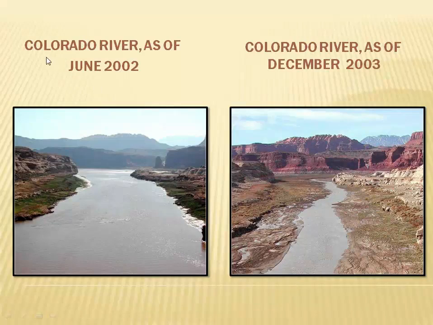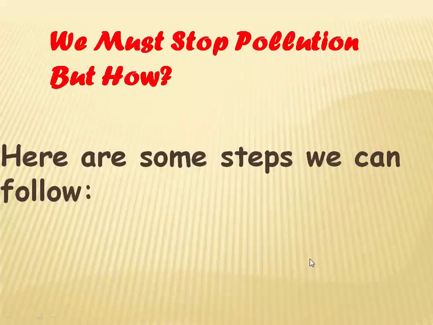Now in the Colorado River also you can see the heavy melting of snow, and the rivers started flowing heavily, but later on because of the increased temperature there is less rain and the river started shrinking. So we must stop pollution somehow.